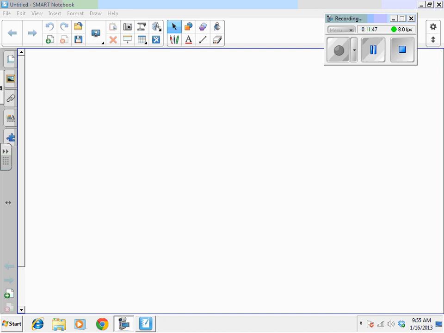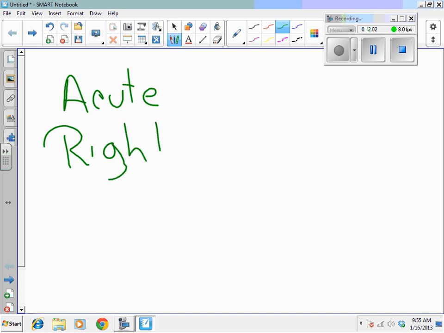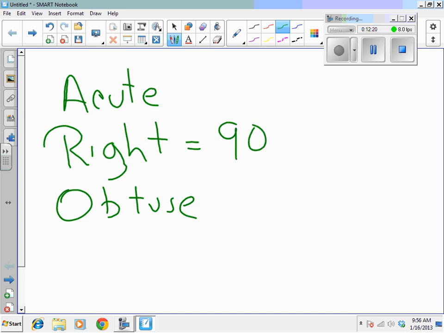There are 3 different types of angles. All right. They are acute, right, and what? Obtuse. Okay? A right angle, of course, measures exactly 90 degrees. Okay?